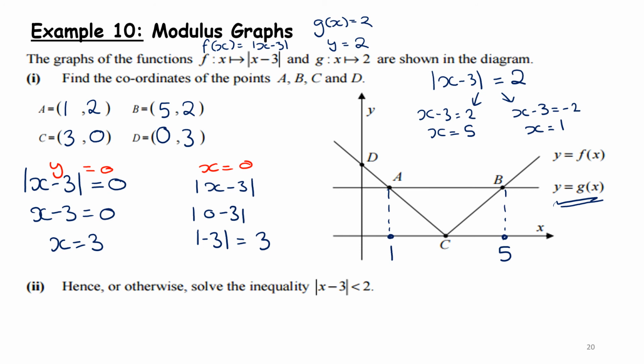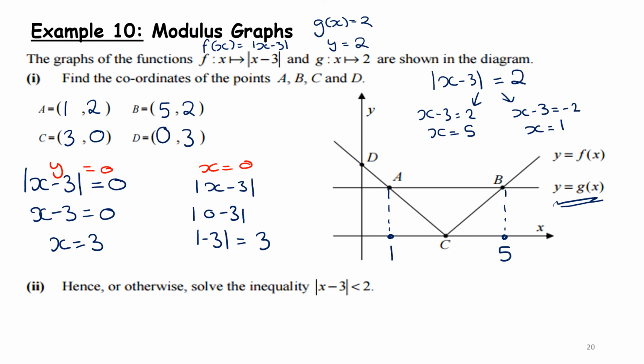It then says, hence or otherwise, solve the inequality: the absolute value of x - 3 is less than 2. Now, you can do that using either method we have, squaring both sides, or using the shortcut. However, there's a third method which can only really be used here because they gave us the graph.